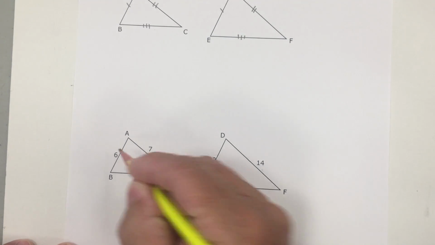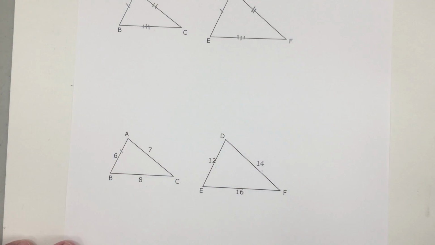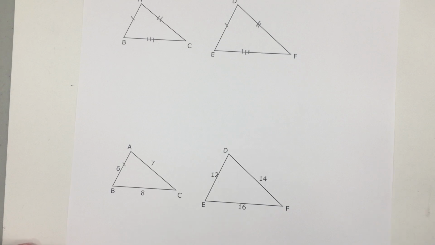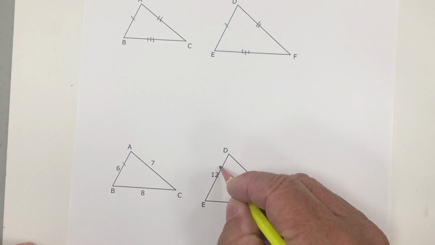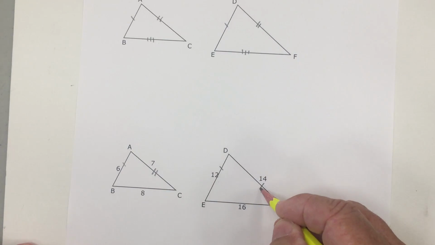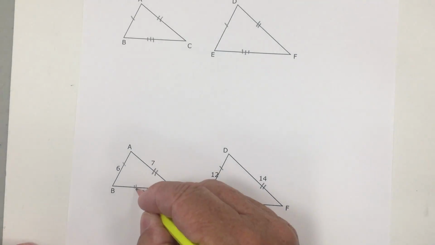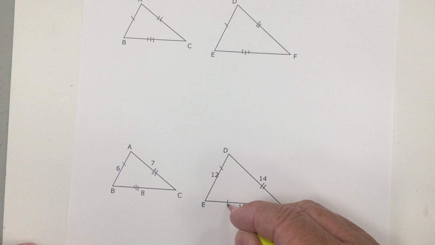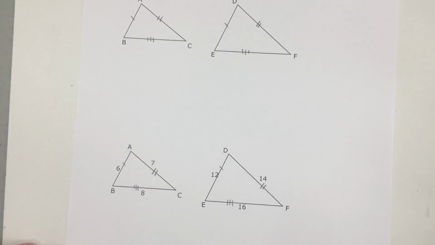If we use the same thing as we have up top, AB is corresponding to DE, AC is corresponding to DF, and BC is corresponding to EF, then we can set this up into a very nice little proportion. So we can say 6 over 12 equals 7 over 14, and then 8 over 16.